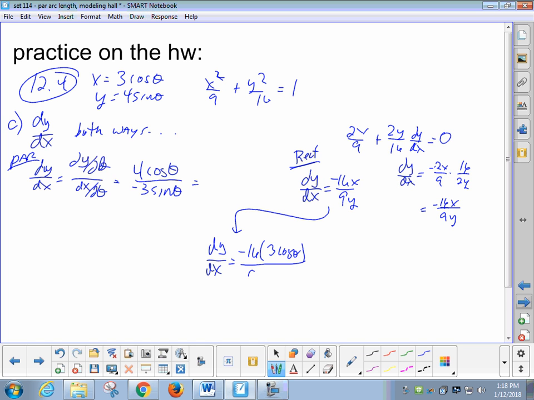In place of y I could put 4 sine theta. This then is negative 4 cosine theta over 3 sine theta. So it might look something like that.